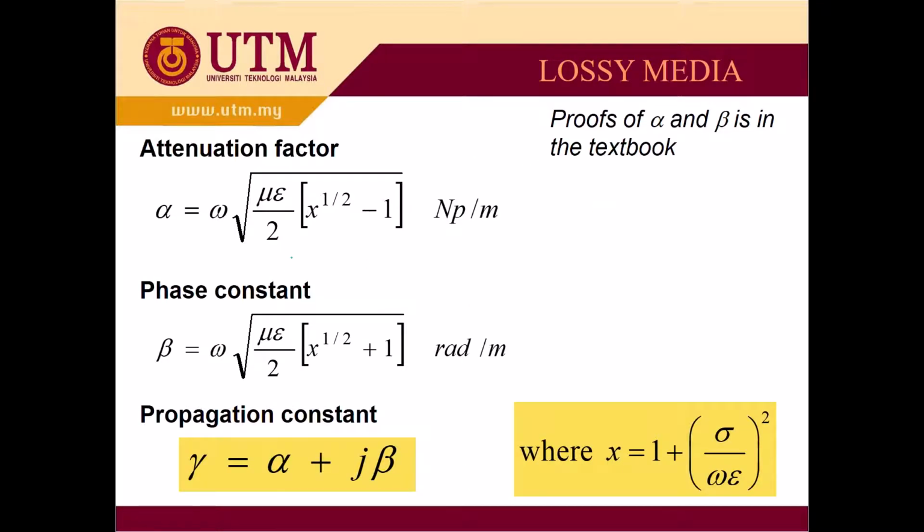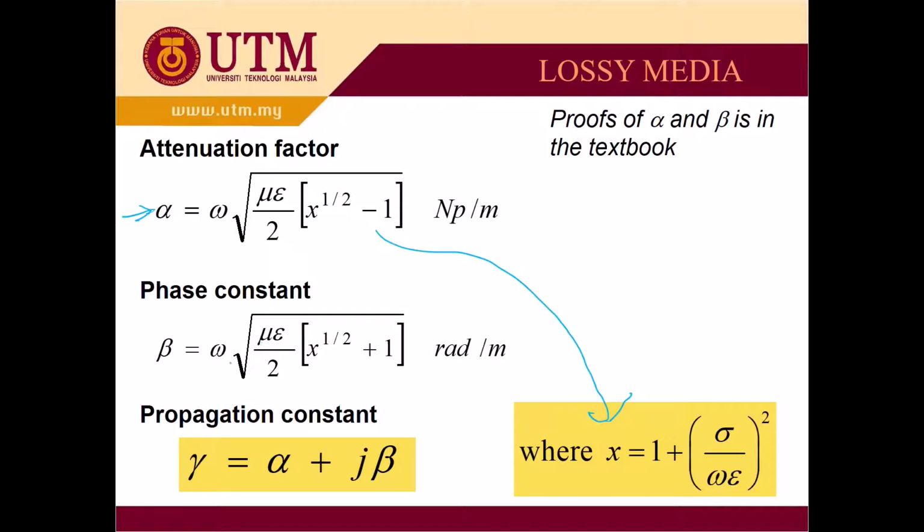So the alpha can be determined by using these equations. We have omega square root of mu epsilon divided by 2, and in brackets x to the power of half minus 1. So the x here can be determined by using these equations. The x equals 1 plus sigma divided by omega epsilon, squared.